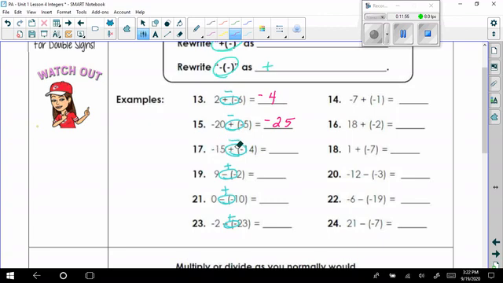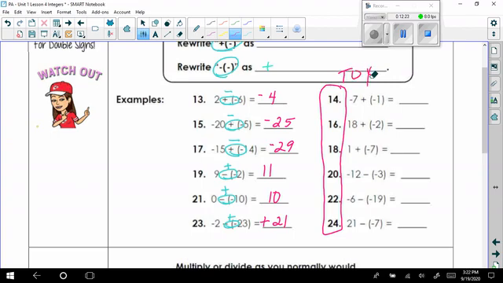Left 15 and left 14 more, so negative 29. 9 plus 2 is 11. 0 plus 10 is 10. And negative 2 plus 23. Well, positive is more, so it's going to be 23 minus 2, which is 21. You do this column right here. Try on your own.